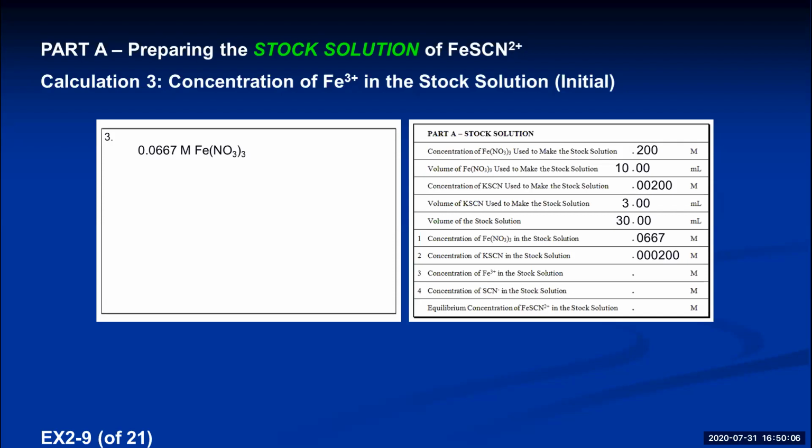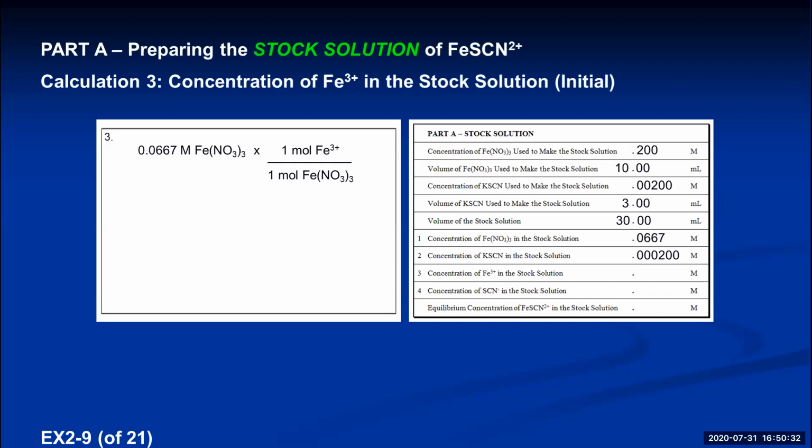And because the iron 3 nitrate only has 1 iron in its formula, then for each iron 3 nitrate formula unit that dissolves, you're going to get 1 iron ion in the solution. If you have 100 of them dissolved, you're going to get 100 iron 3 ions. If you have 0.0667 molar iron 3 nitrate, when it dissociates, you'll have 0.0667 molar of iron 3 ions because there's 1 iron 3 per formula unit.